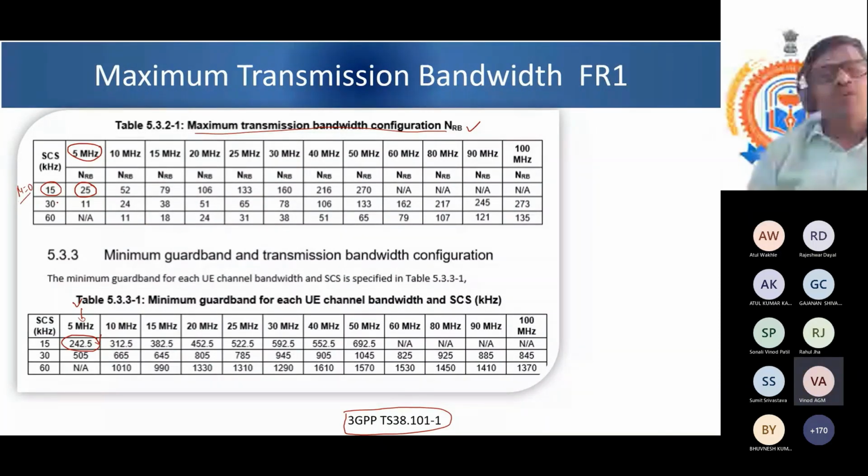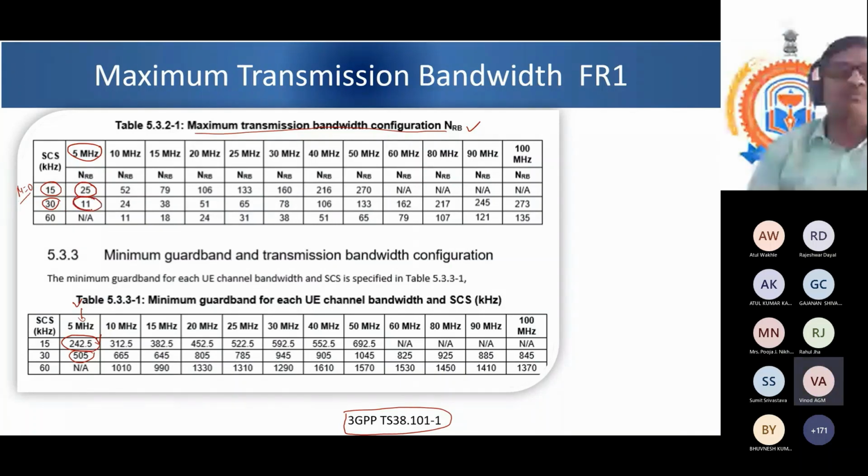Suppose you want to use numerology 1, which is 30 kilohertz. In that case, guard band defined for this for 5 megahertz is 505 kilohertz. So you will remove this much, 505, from 5 megahertz twice, and then divide by 30, and then divide by 12, you'll get 11 number of resource block.